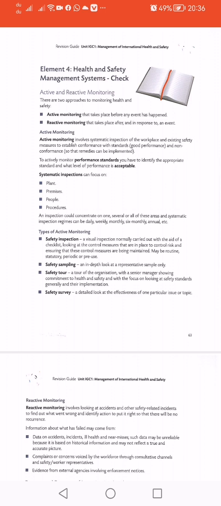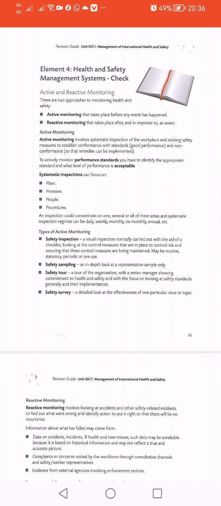Types of active monitoring. What are the types of active monitoring? We have safety inspection, safety sampling, safety tour, and safety survey. Now, number one, we are talking about safety inspection.